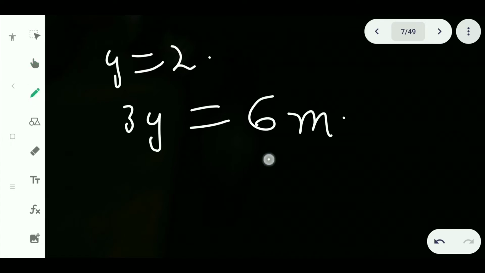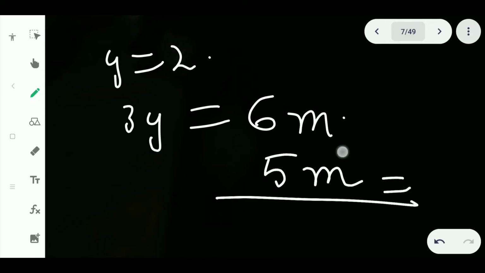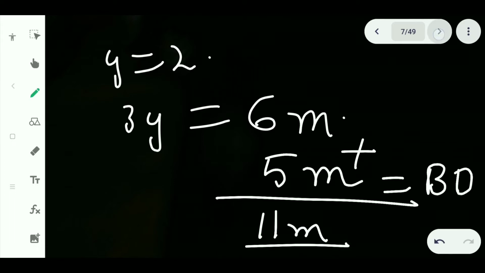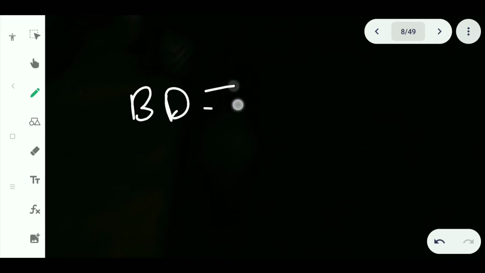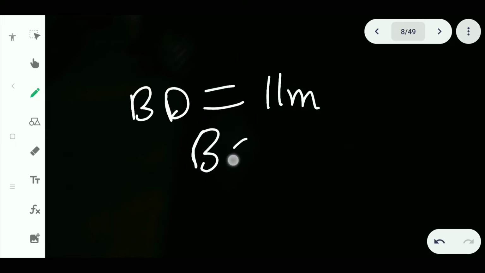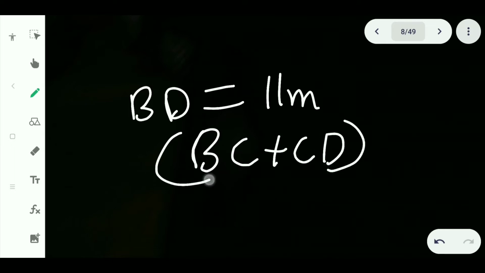So this is 5 meter, and when we add the sum of this we are getting the value of BD, nothing but 11 meter. So BD is equal to 11 meter. This is nothing but BC plus CD.